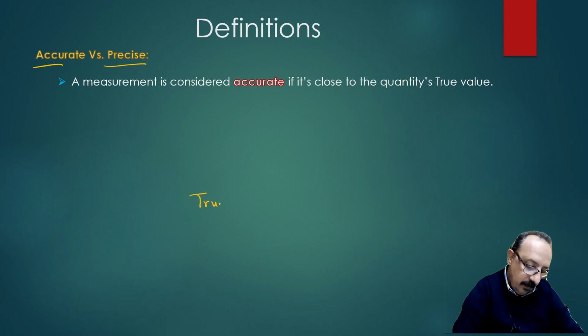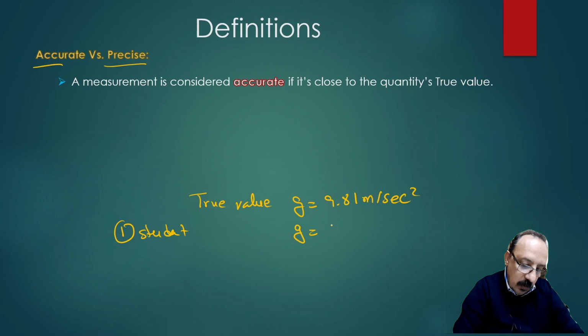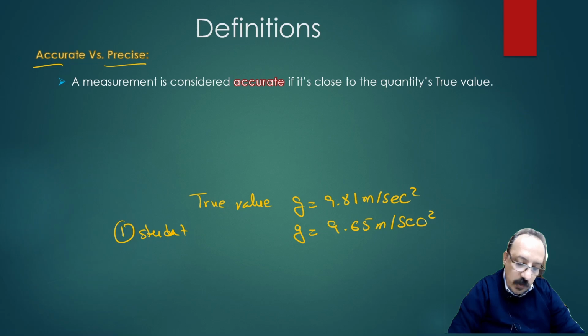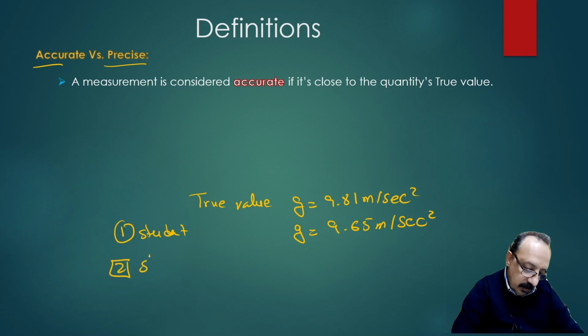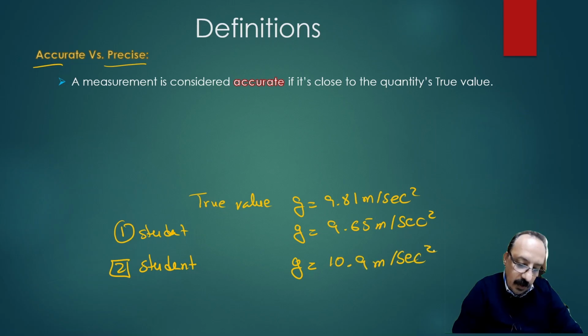True value, g is equal to 9.81 meters per second squared. The first student carried out the experiment and got g equal to 9.65 meters per second squared. The second student got 10.9 meters per second squared. So what is the difference between this one and that one?